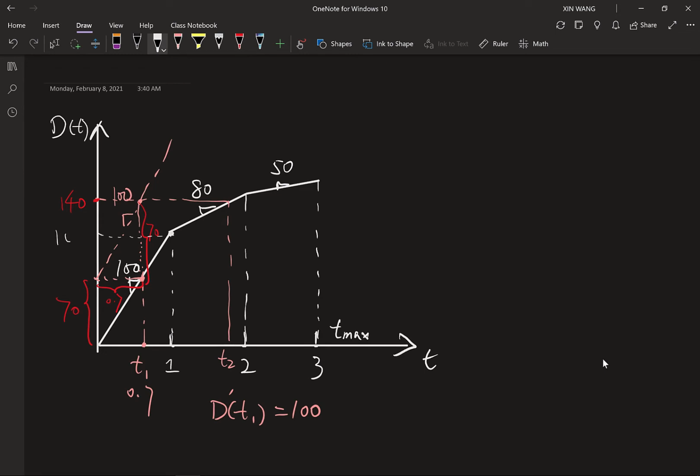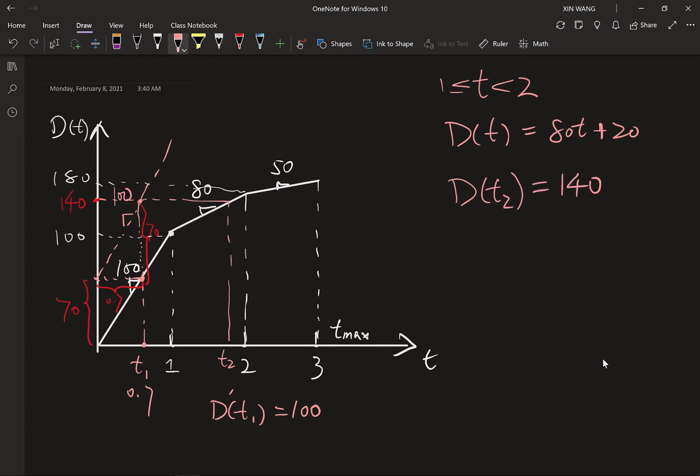D1 is 100, D2 is 180, so we can try to find the value of T2. In the second piece, d(t) equals 80t plus 20, as we derived. So we plug in this value, and this gives us 1.5.